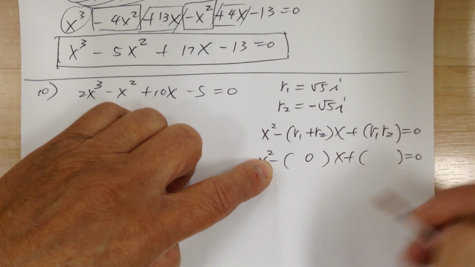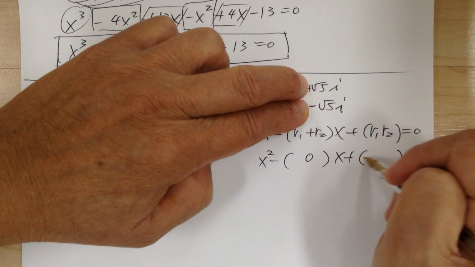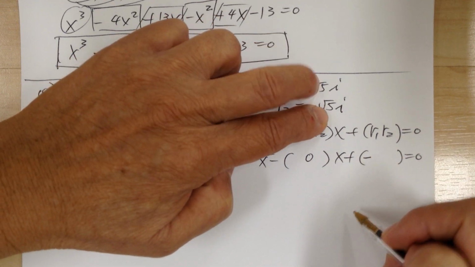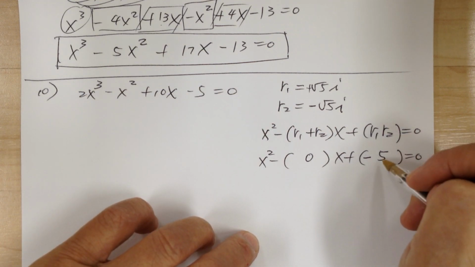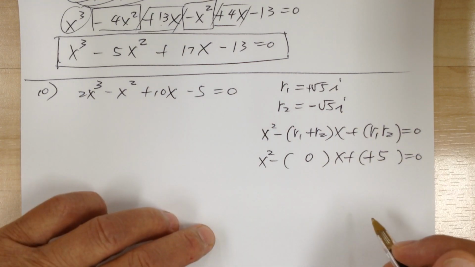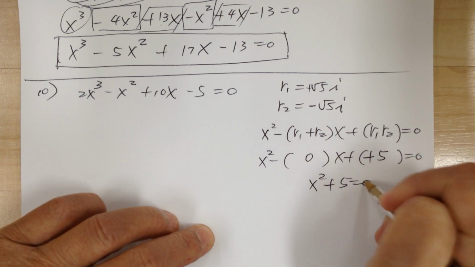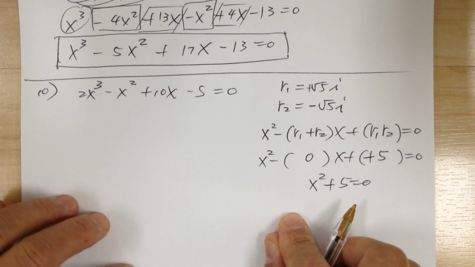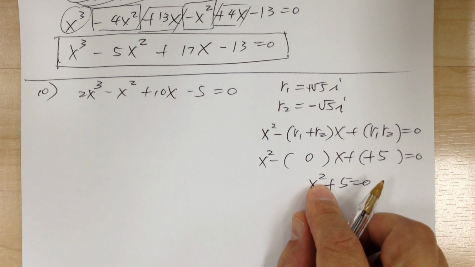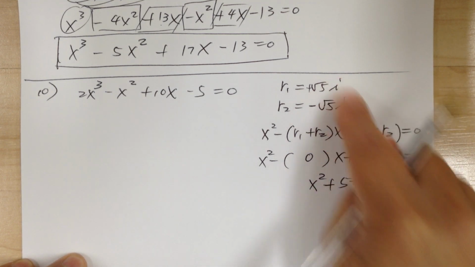When you multiply, plus times minus is minus; square root of 5 times square root of 5 is 5, and i times i is negative 1, so negative 1 times negative 5 becomes plus 5. So this came from x^2 + 5 = 0. These 2 answers came from here.